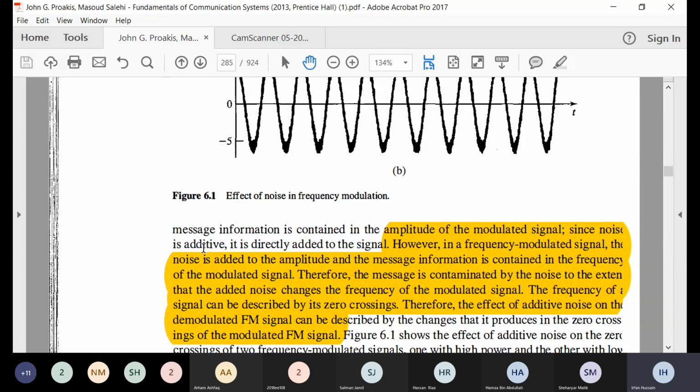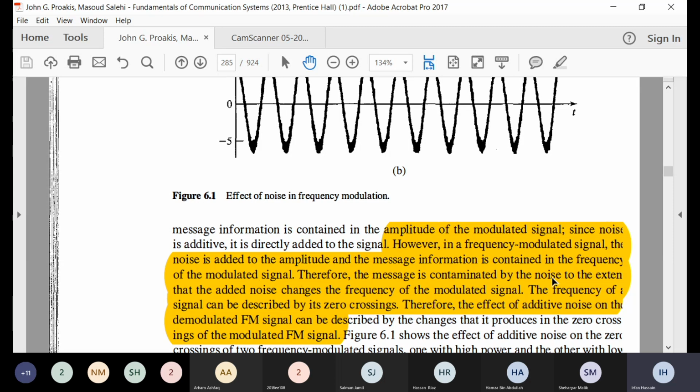So the noise will actually affect the phasor part. So the message signal is contaminated by the noise. But the message signal is present in the phasor part of the angle modulated signals.